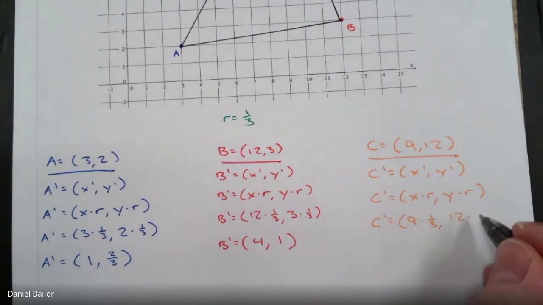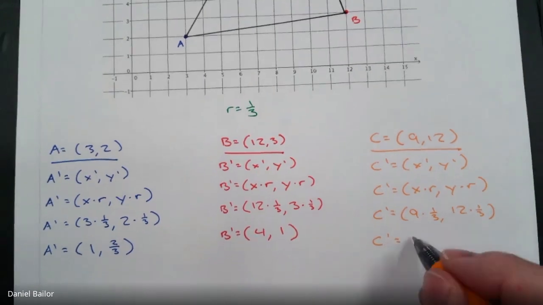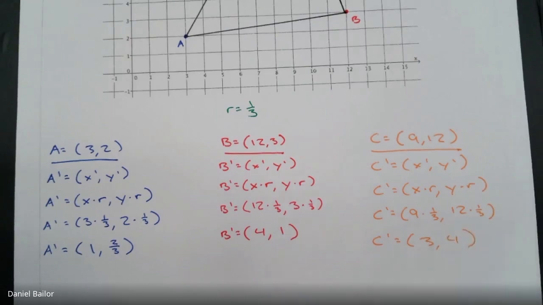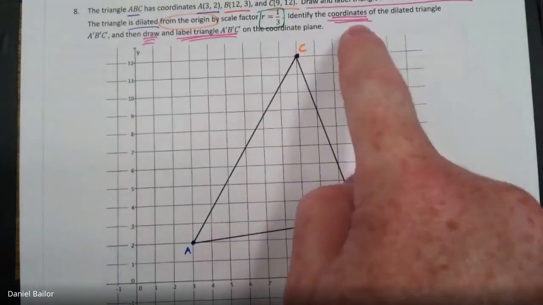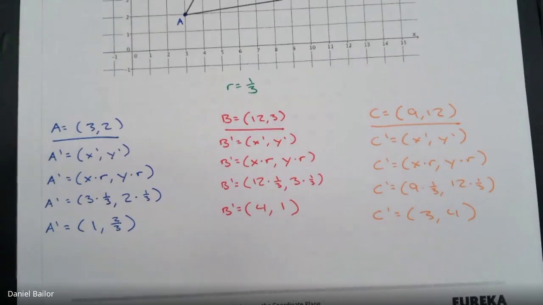The scale factor is 1/3. 9 times 1/3. The new x is going to be 3. And the new y, 12 times 1/3, is going to be 4. So now we have the prime coordinates. There we did the first thing. We did identify the coordinates. We did that. Now we need to draw the coordinates.